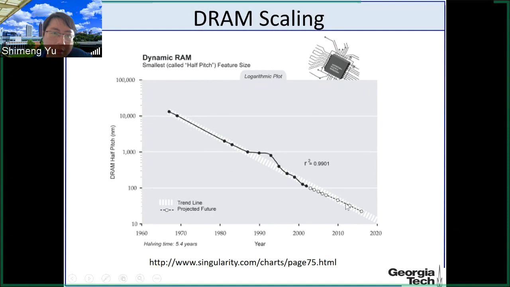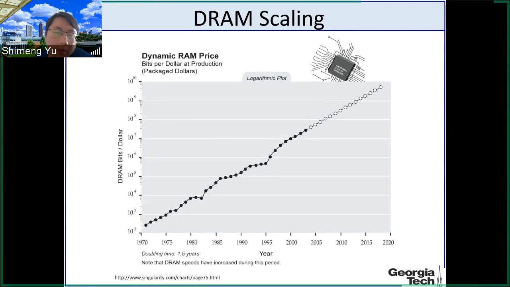As a result, the DRAM's cost is lowered. With $1, how many bits can you buy? Nowadays, with $1 you can buy about 1 gigabit, for example. So this is also an exponential trend.